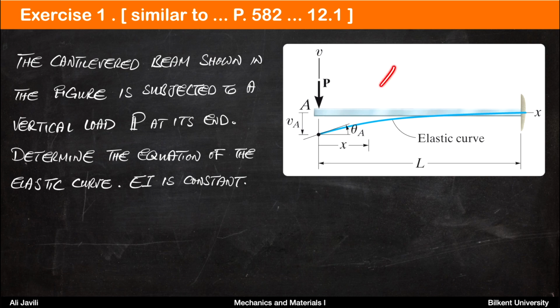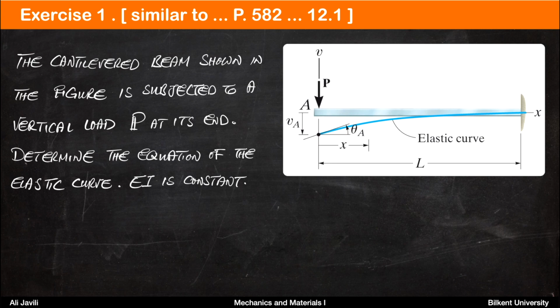So you have a cantilevered beam. Your x-coordinate starts from here. Again, deflection is upwards as before. Here you apply a force P downwards. And the question asks to calculate the elastic curve.